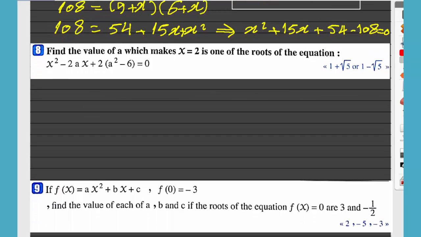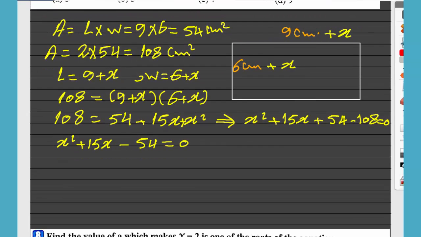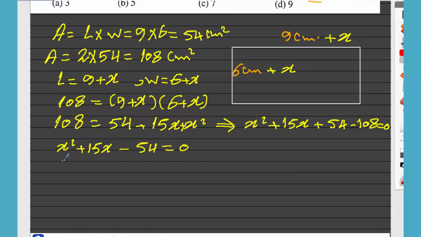And we complete: x squared plus 15x, 54 minus 108 equals negative 54, equals 0. So I'll write it like this: x squared plus 15x minus 54 equals 0.